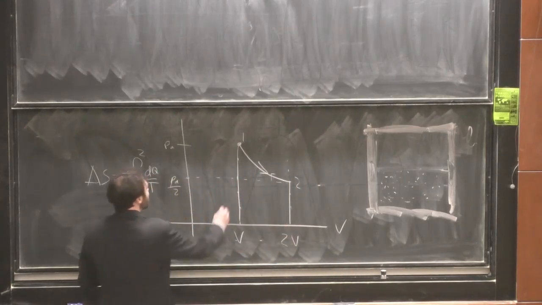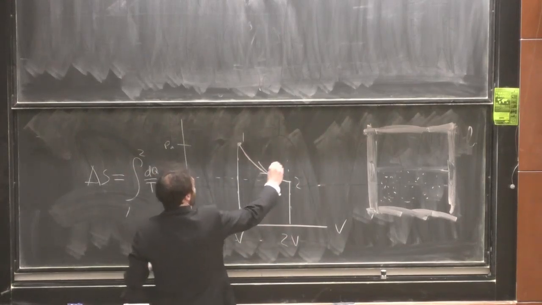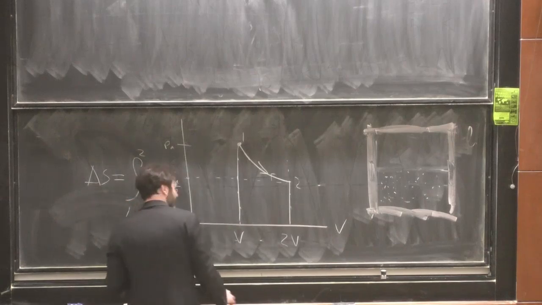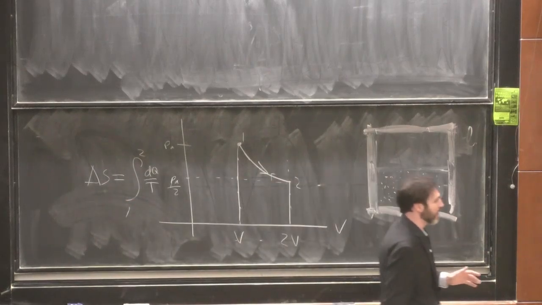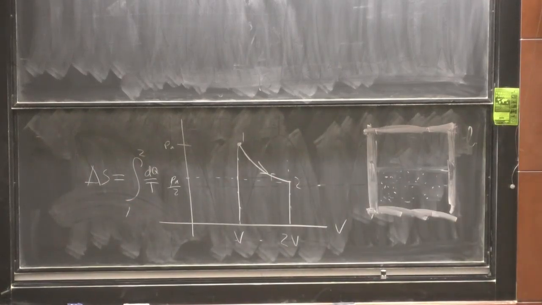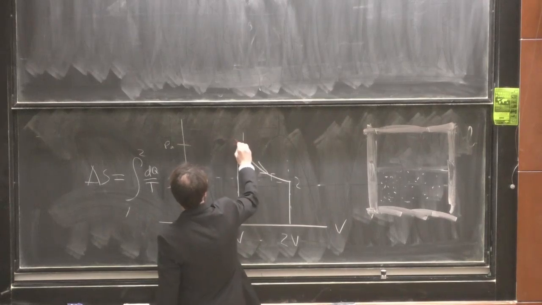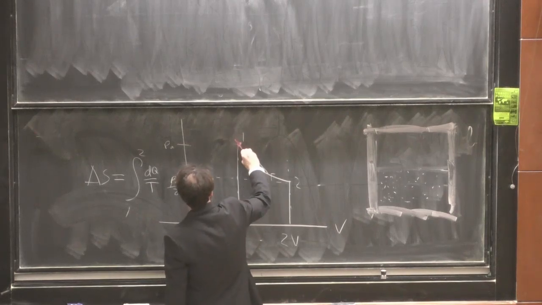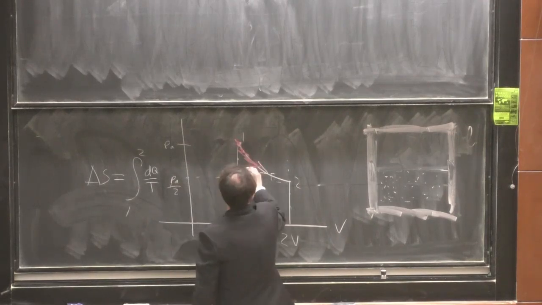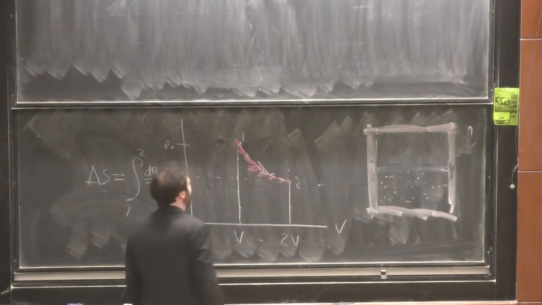Well, then that process isn't going to go like this. It's going to actually go like this. Let me find a different color of chalk. It's going to be the opposite of this. It's going to go this way, where the pressure gets higher, and then it comes back, and it's going to be kind of jagged.